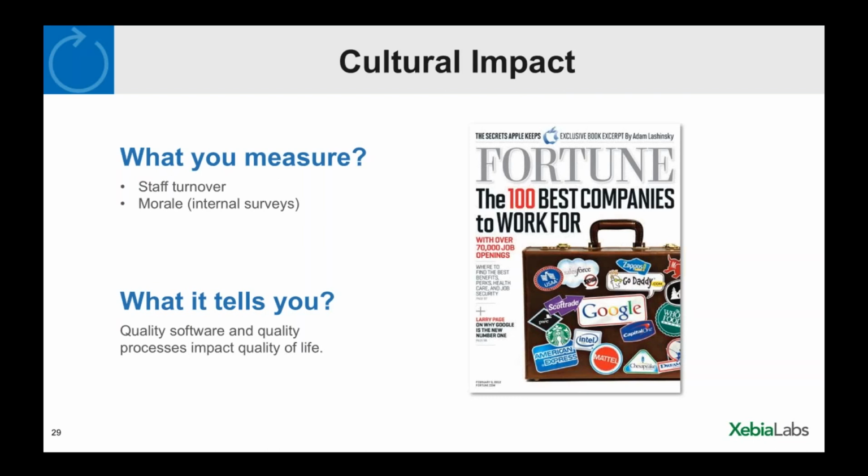So people who build software are passionate about building great software and solving problems. If you're frustrated by your organization's inability to actually deliver great software and solve real problems, it may not be a place where you want to find yourself working. So a reduction in turnover might indicate that your culture is improving and people want to be part of that team.